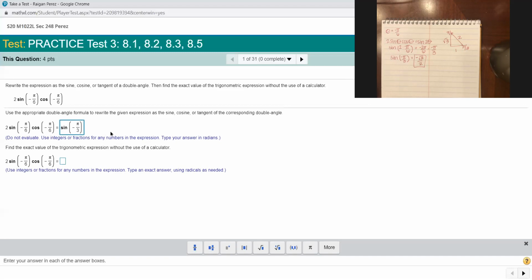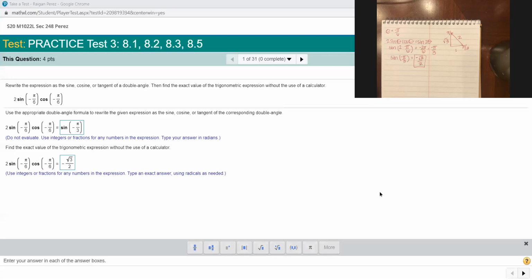I'm not sure if we should put in negative 2 pi over 6 or negative pi over 3. We'll see if it gets that right. And then down here, they want the answer: negative square root of 3 divided by 2. I'm going to pause for just a second.